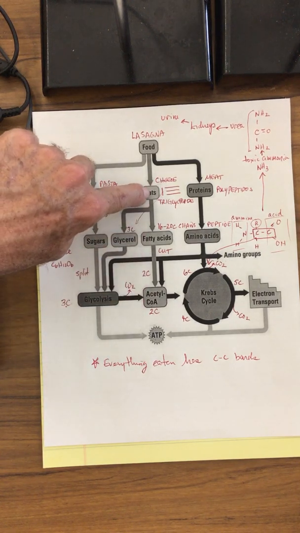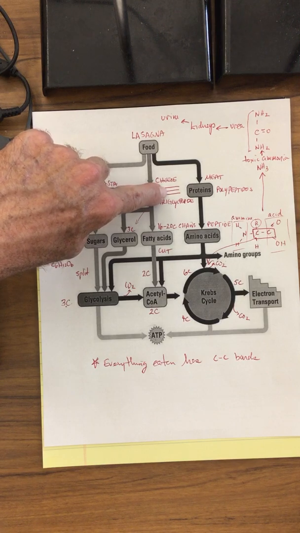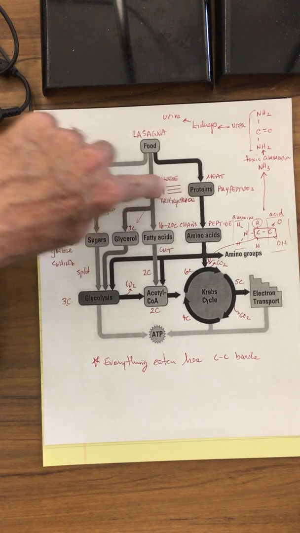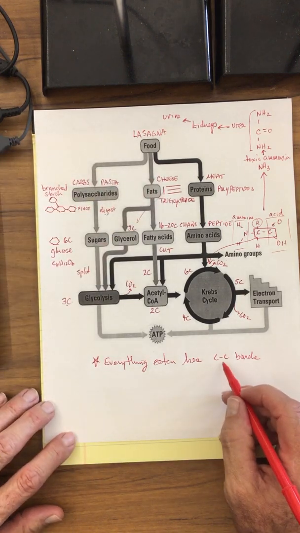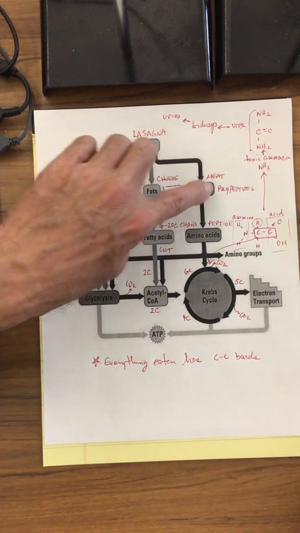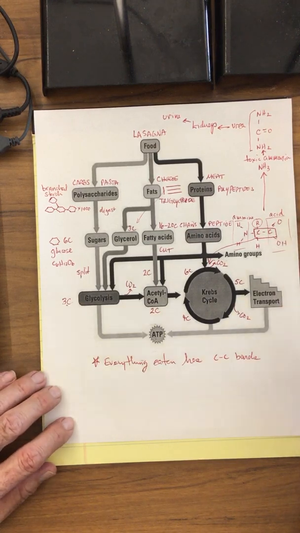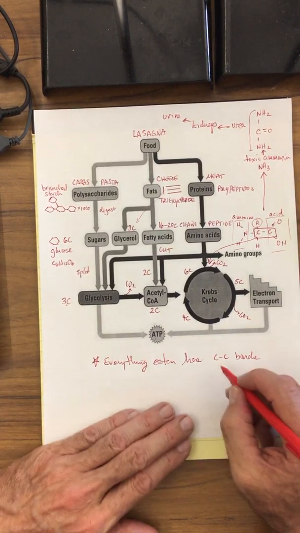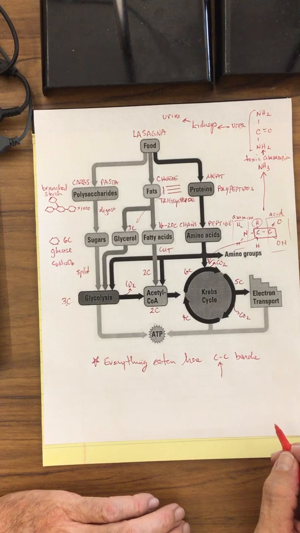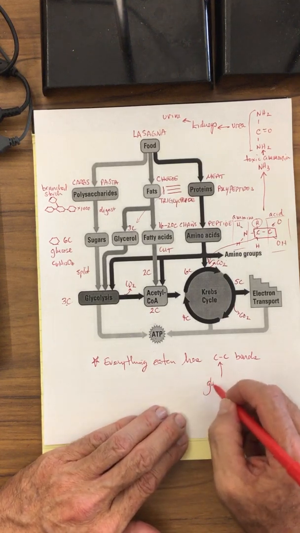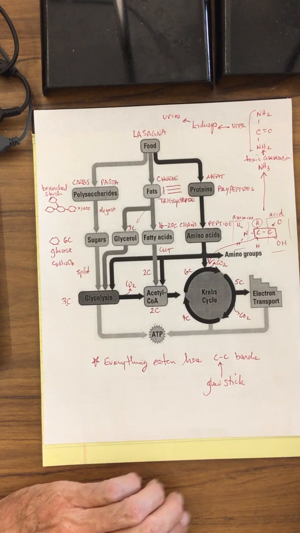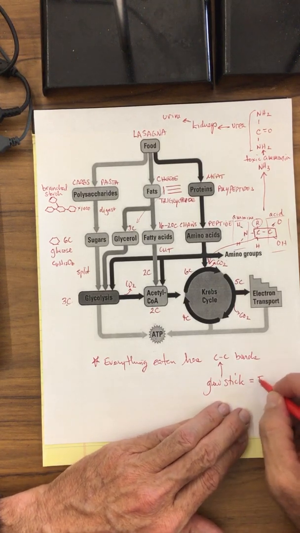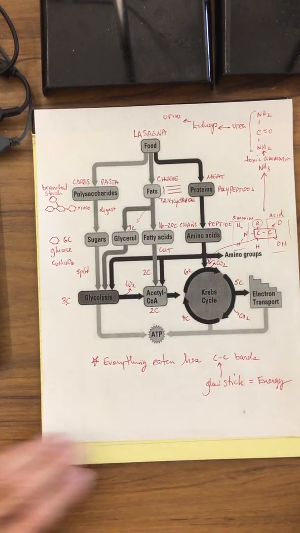It's found in your fats, in primarily your fatty acid chains, your 3 chains between 16 and 20 carbons. They're carbon-carbon bonds. And your proteins even have these carbon-carbon bonds. This energy inside these carbon-carbon bonds, this is like the glow stick. And the glow stick is equal to energy.